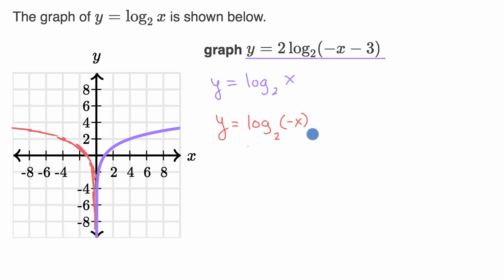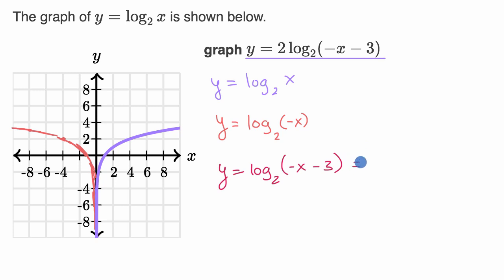All right, now let's keep building on that. Now what happens if we say, let's graph y is equal to log base 2, instead of just a negative x here, of negative x minus 3. Well, what is this minus 3 going to do? We have to be very, very careful here if we are thinking about our shifting.